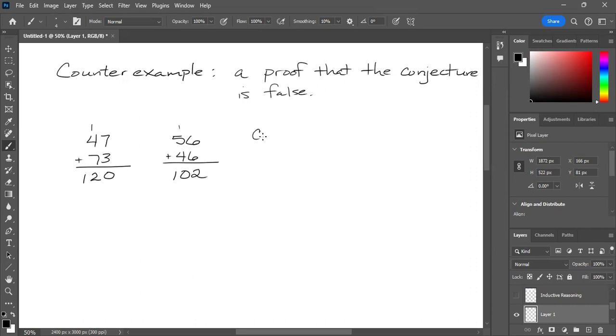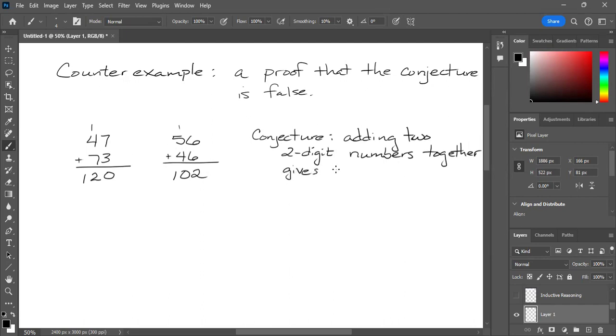So our conjecture may be that adding two two-digit numbers together, we call each of those individual numbers digits, gives a three-digit number.